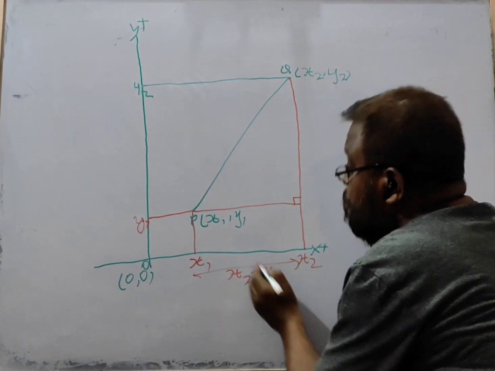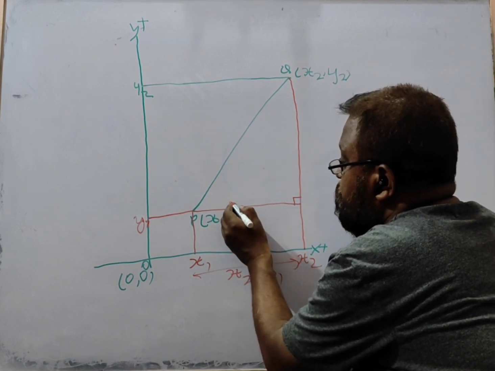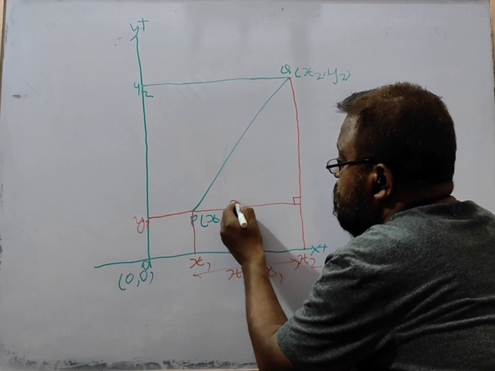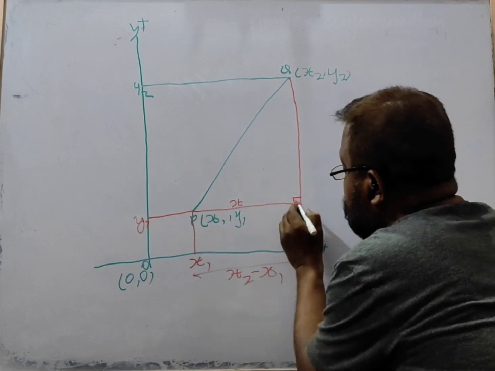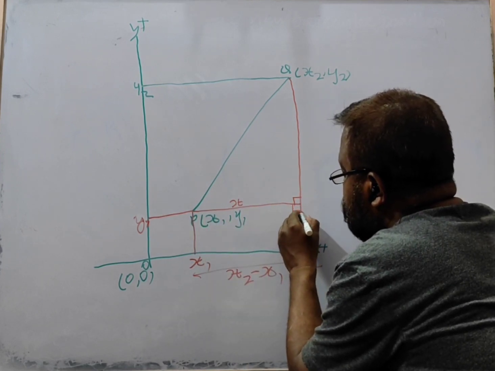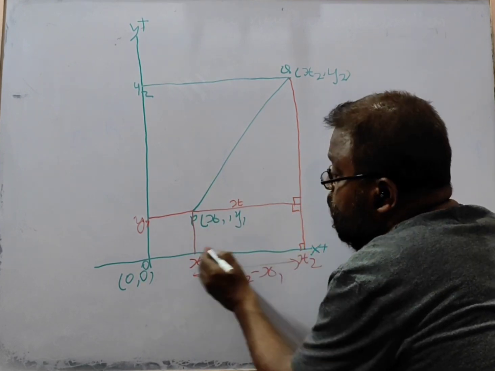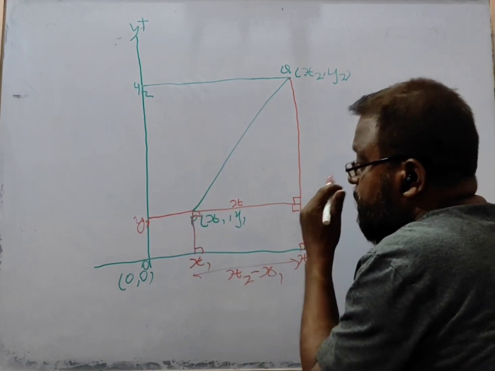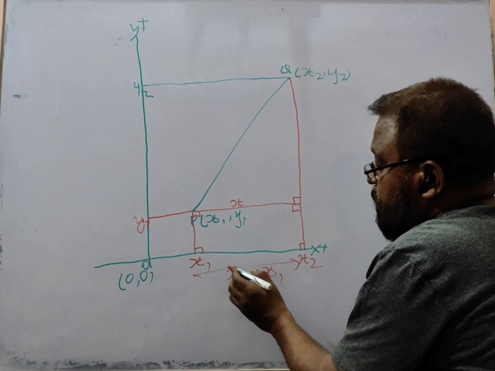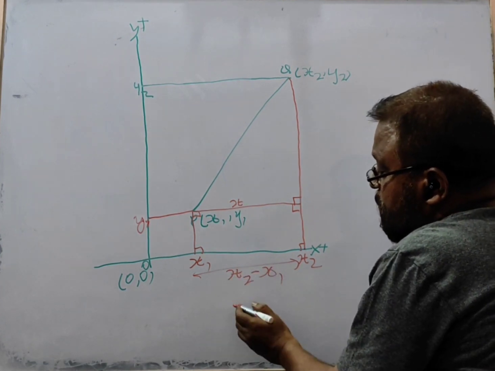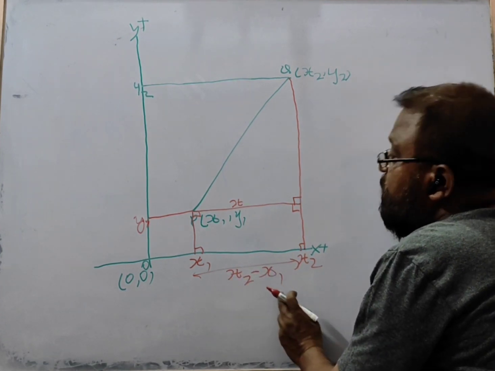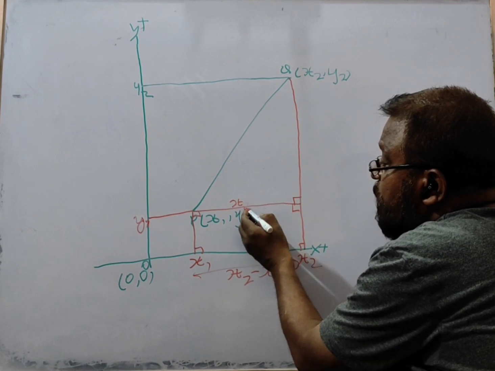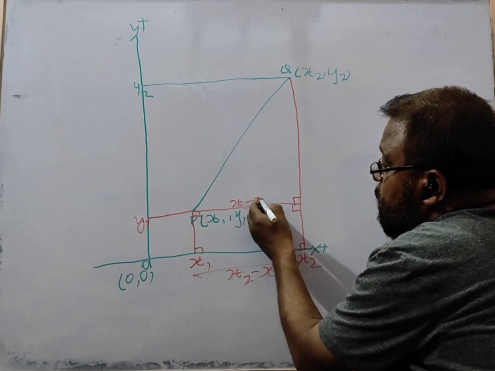When this is x2 minus x1, then this will also be x2 minus x1. This is a rectangle. When this angle is 90 degrees, this will be 90 degrees, this will be 90 degrees. So a rectangle is formed, and in a rectangle opposite sides are equal.